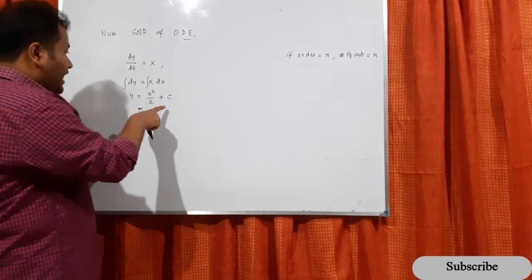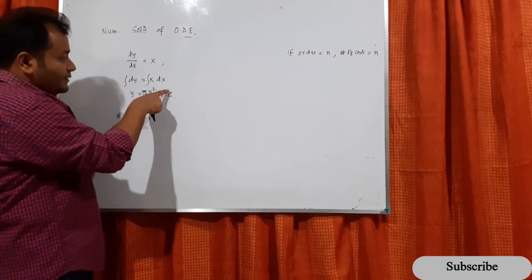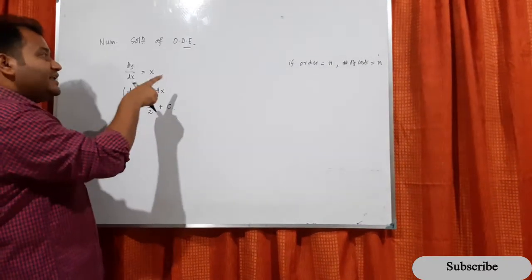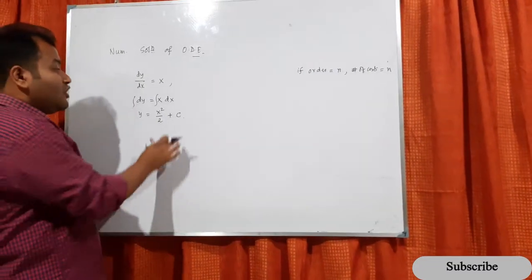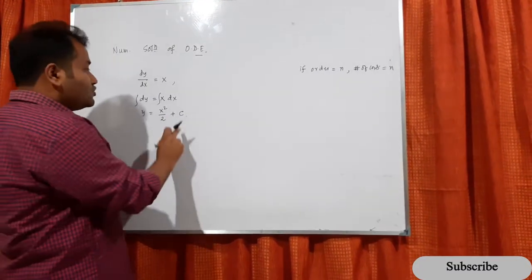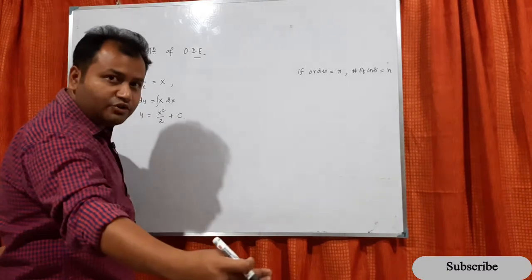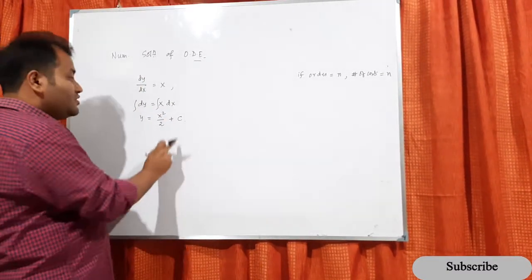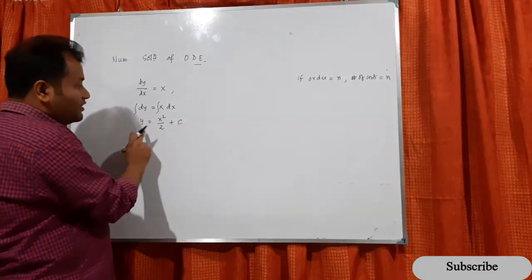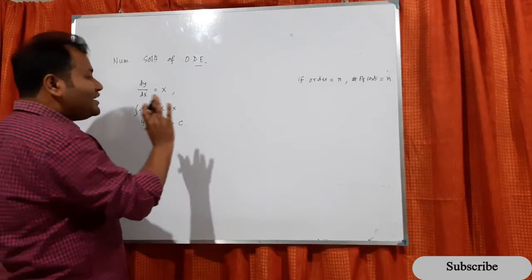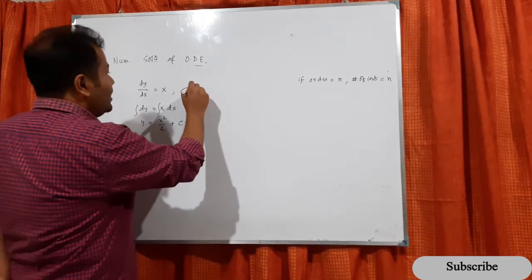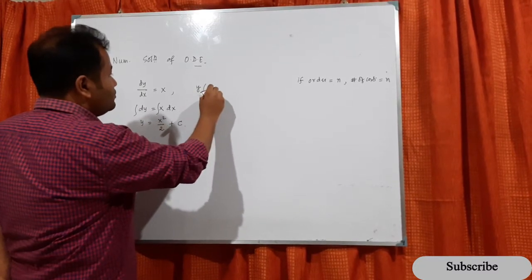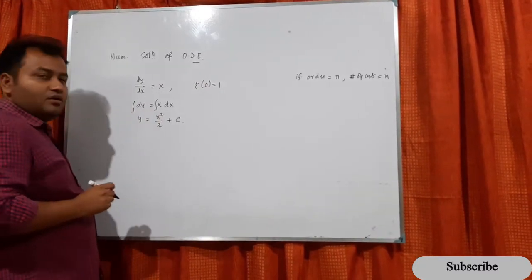Now if I want to find the value of the constant, I need conditions. How many conditions do I need? Whatever the number of constants, at most that many conditions are needed. Here the number of constants is 1, so we need one condition, say y(0) equals 1. This is the condition.